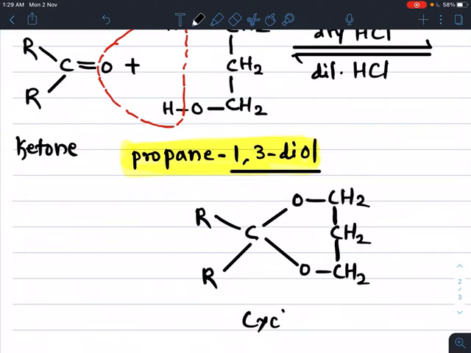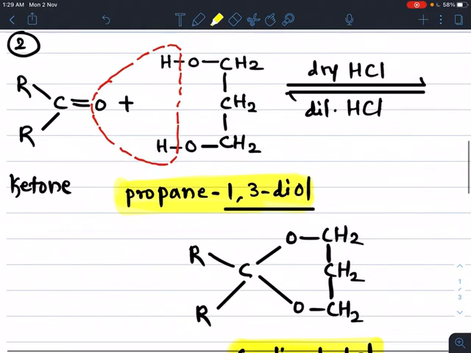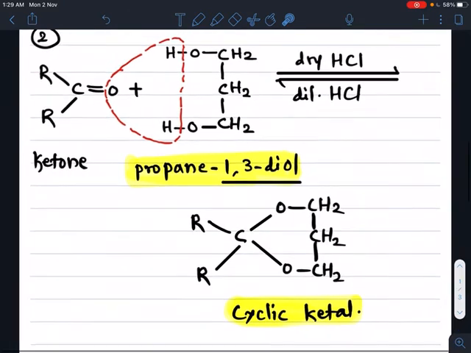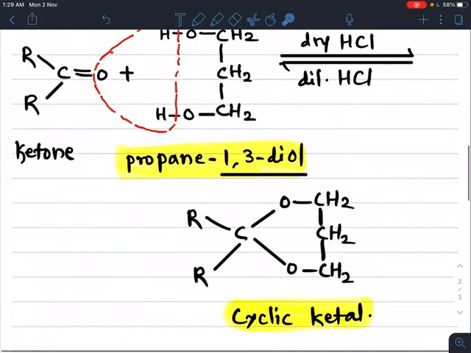We finally get a cyclic ketal. When this cyclic ketal is treated with dilute hydrochloric acid, we again get the reverse product of this reaction, which is nothing but the ketone. So ketones are regenerated when this cyclic ketal is treated with dilute HCl.